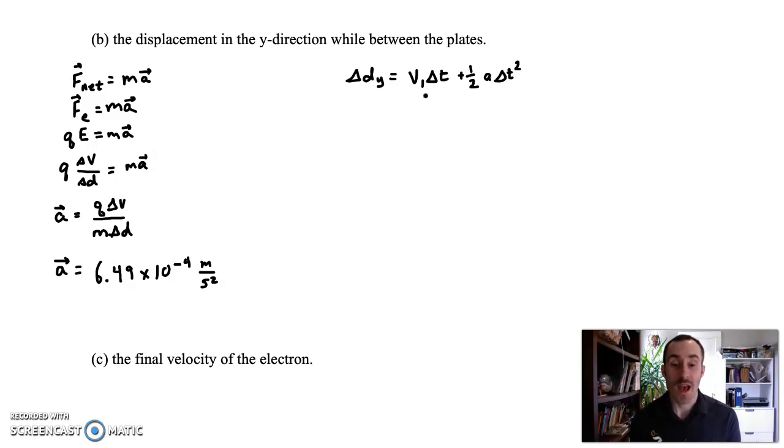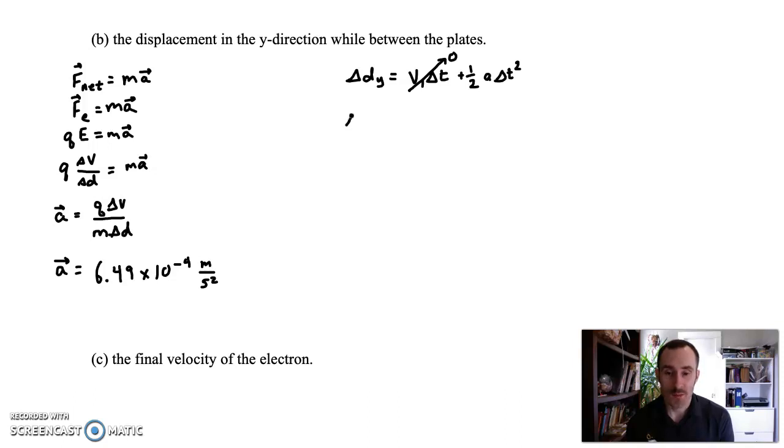Okay, we have initial velocity, that's just 0. We have the acceleration now, and we have the change in time. And so now we can solve for this y displacement.